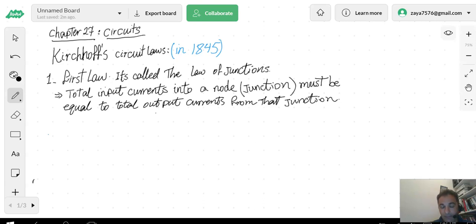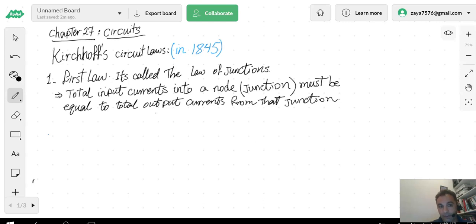So today in chapter 27, which I can tell you is a very important chapter. The reason is it's about circuits, and the students who want to be electric engineers, electronic engineers, even computer engineers.